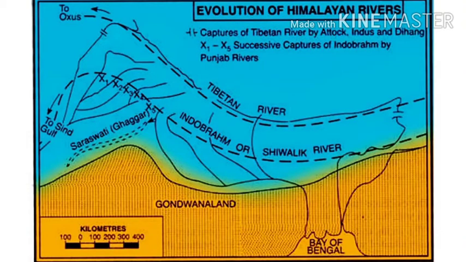Students, there are differences in opinions about the evolution of the Himalayan rivers. However, geologists believe that a mighty river called Shivalik or Indo-Brahma traversed the entire longitudinal extent of the Himalayas from Assam to Punjab and onward to Sindh and finally led into the Gulf of Sindh some 5 to 24 million years ago.